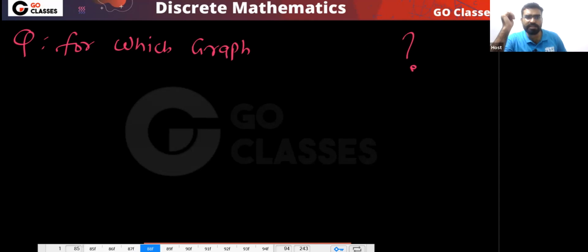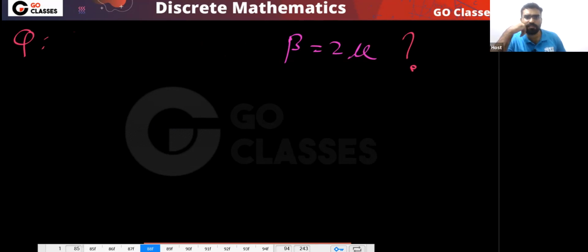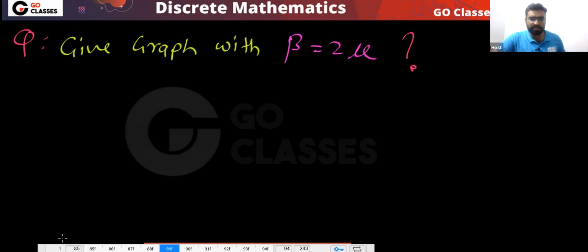Now for which graph will β be equal to 2μ? Give a graph with this feature, β equal to 2μ. Yes, odd cycle.